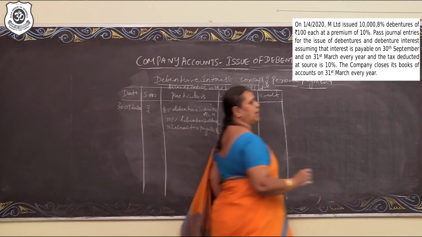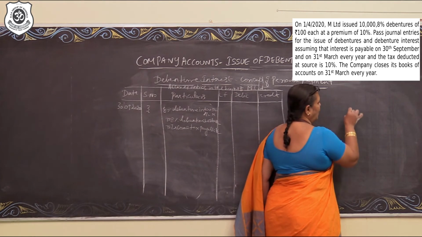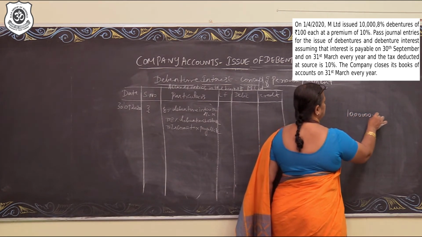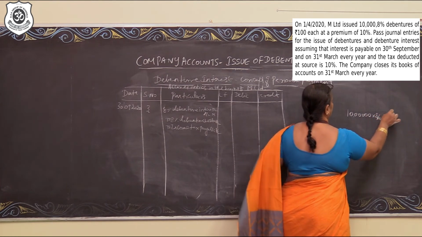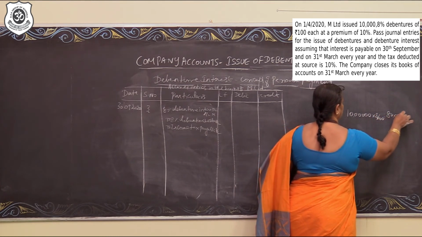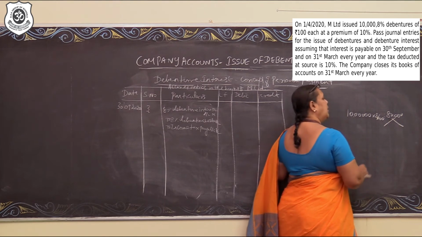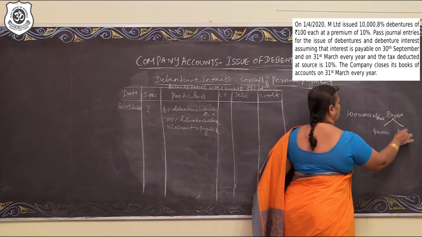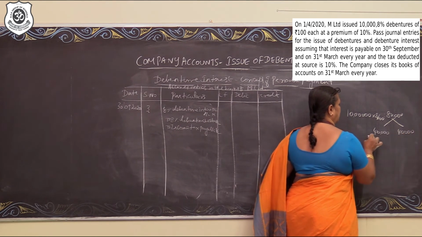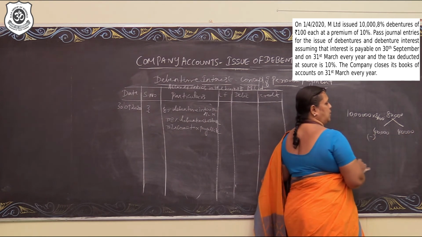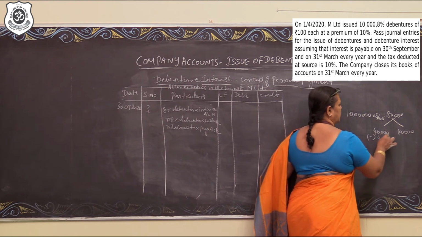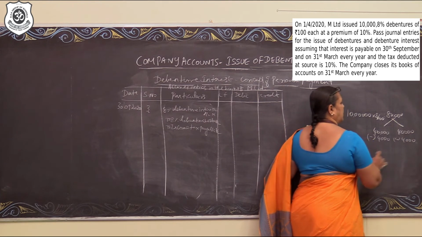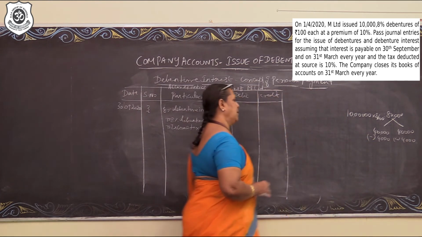What will be the total interest? Now total value of the debenture is 10 lakh rupees, which carries 8% interest. That gives you 80,000 rupees. This has to be paid in 2 installments, 40,000 on 30th September and 40,000 on 31st March. From this we are going to subtract 10% towards income tax payable.